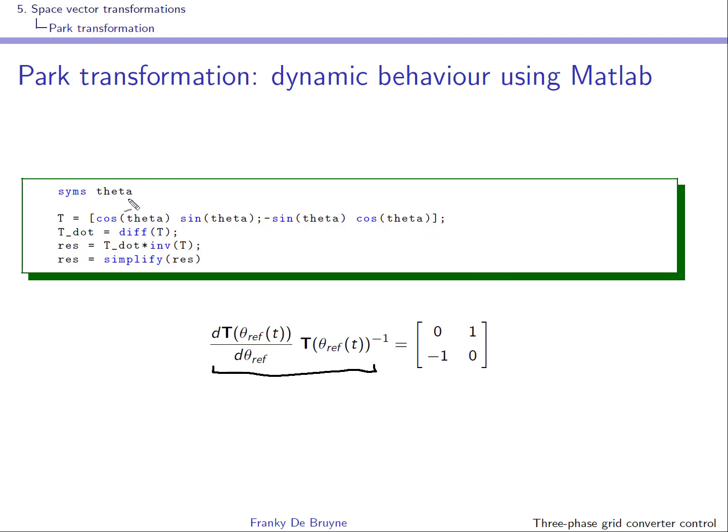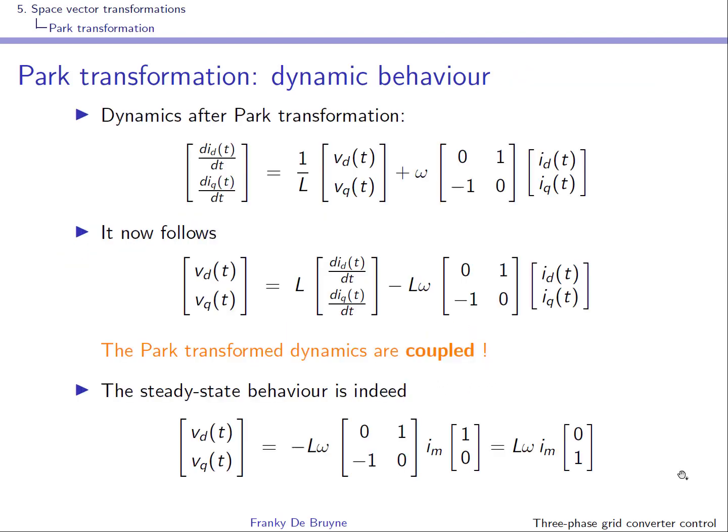You have one variable that is theta, you write your rotation matrix, you take the derivative, and then you compute this quantity with this command. You just use the simplify command, and then you show that this quantity is simply this matrix over here.